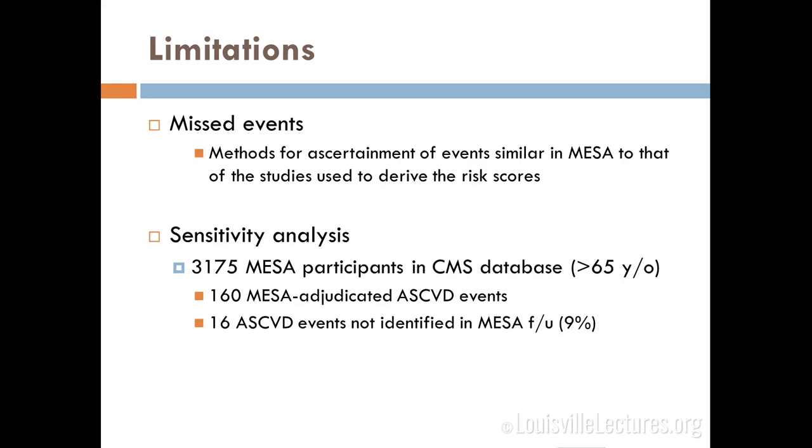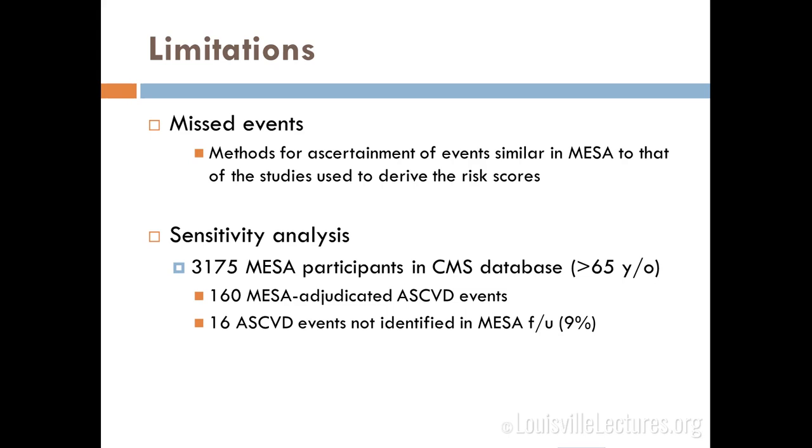However, we pushed it a little further. We did a sensitivity analysis. We looked at the CMS claims database. Something that's typically not missed is billing someone for a diagnosis. However, the accuracy of this is not known, right? Whether this is just an elevated troponin that wasn't a real event is hard to know. Nonetheless, we looked at all the participants in MESA that were in the CMS database, so they had to be over 65. It was about half of them, 3,000.